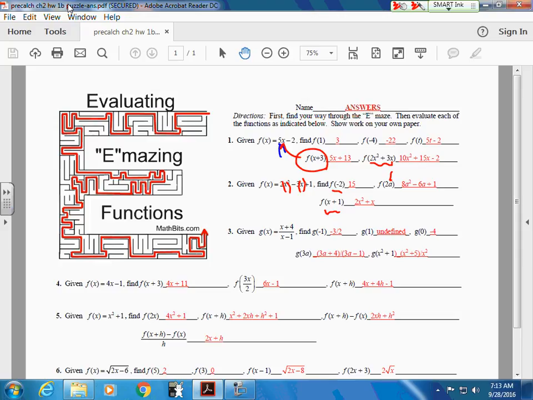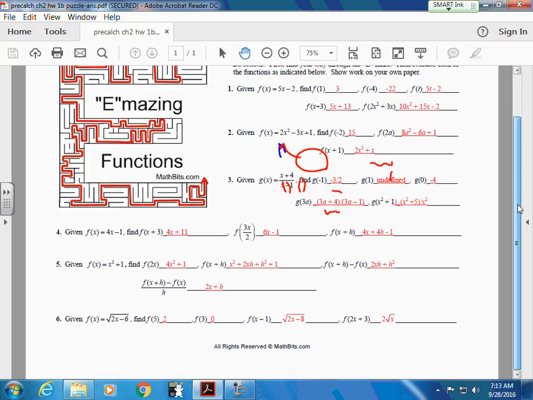Once you get down to here, you could see you're actually building this difference quotient. Did anybody have any questions with this sheet? Did it flow through for you? Okay, let me move it up. Everybody got the rest of it?